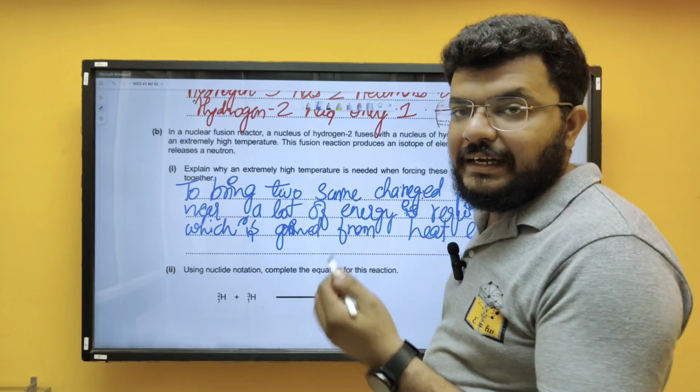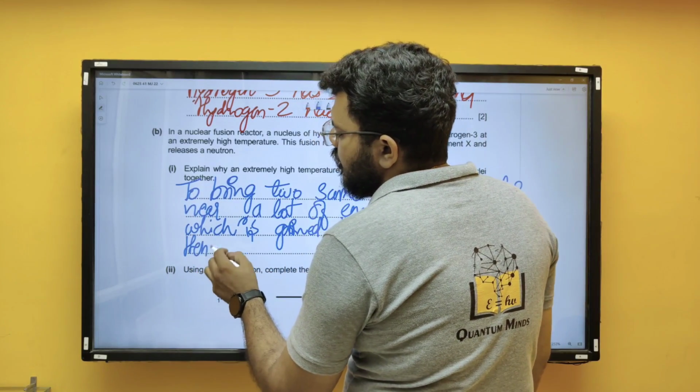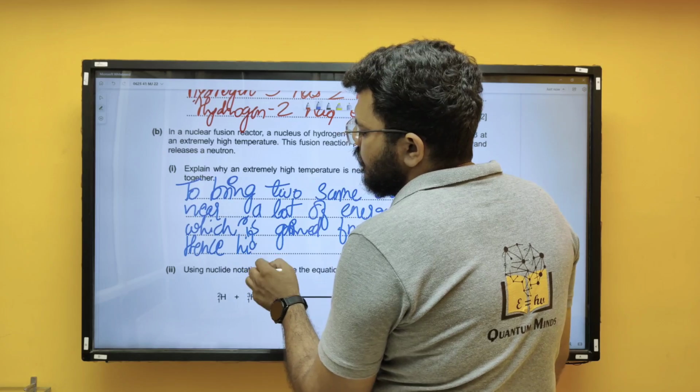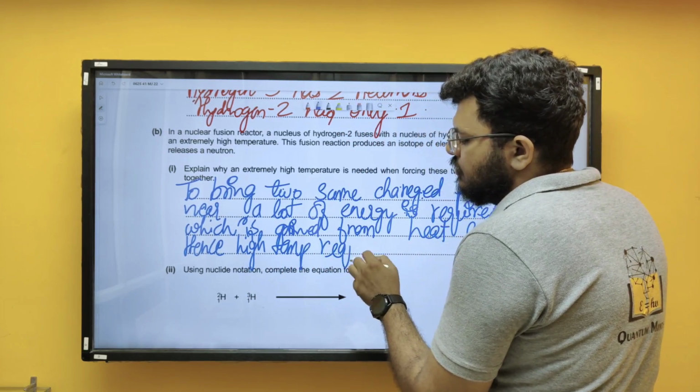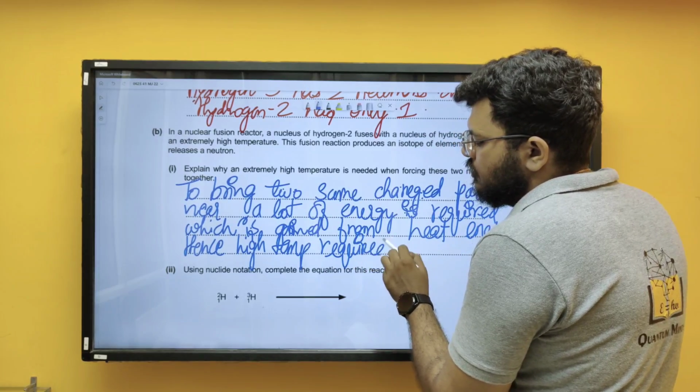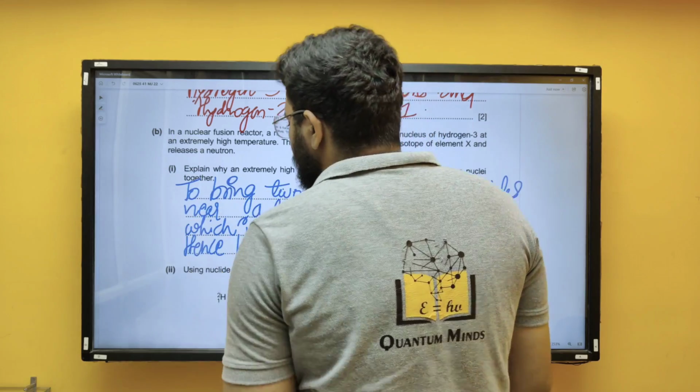And that is why high temperature is required. Let's write that down. Hence, high temperature required.